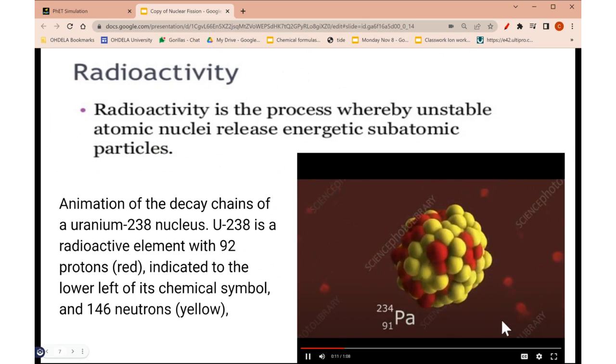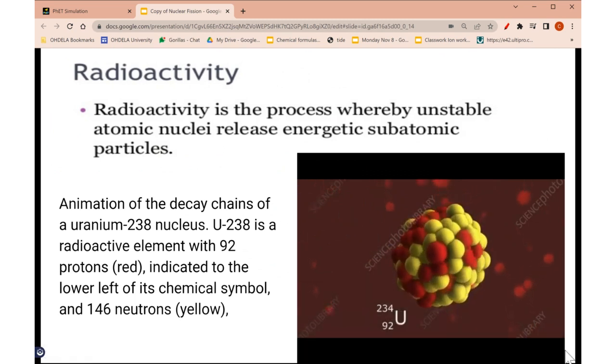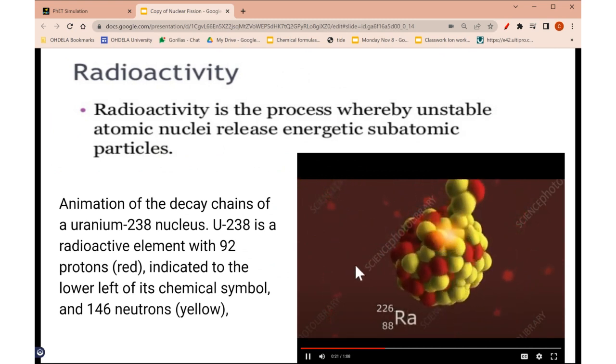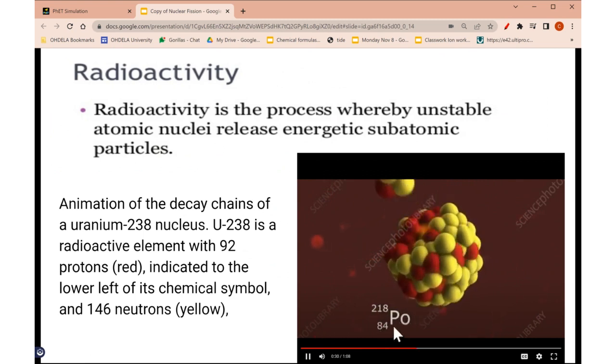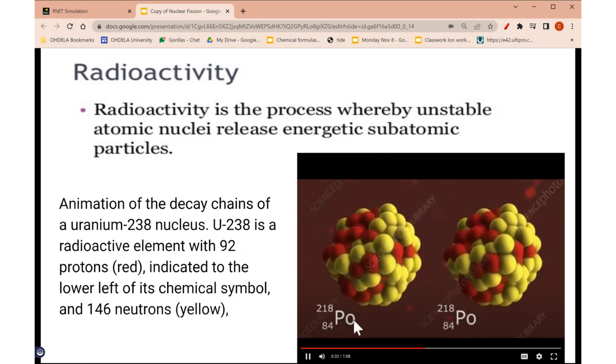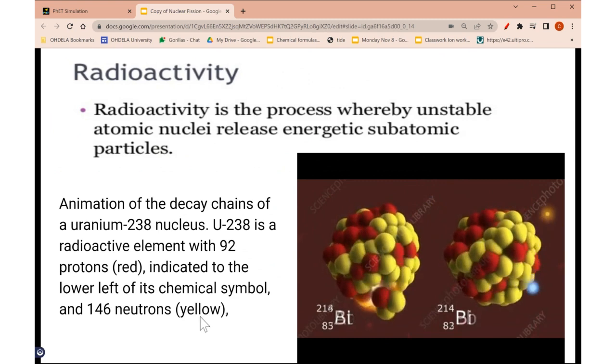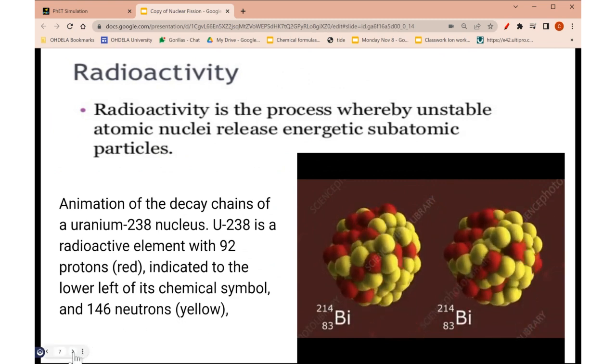Notice that other particles are being emitted, like green for gamma rays, and this has a proton and two neutrons attached to it. Notice what's happening as we go through this. The atomic mass is going down, and as protons are ejected, it changes into a different element. So this is very different from the chemical reactions we've been talking about.